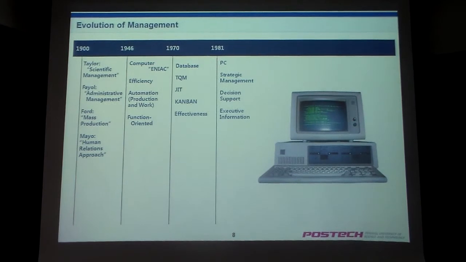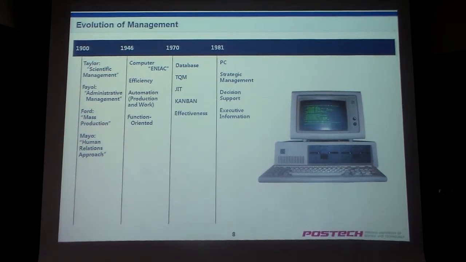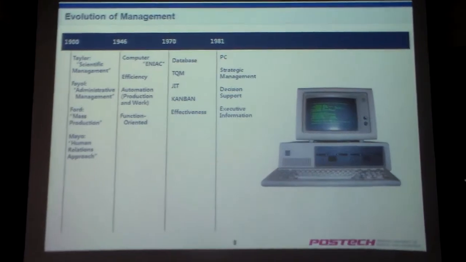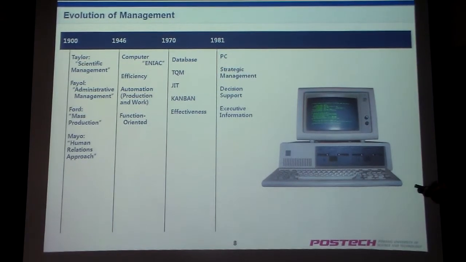And then in 1981, the PC came out. In fact, in 1978 Apple invented the Apple II, which is the first personal computer. But in 1981, IBM introduced the personal computer, of course in conjunction with Microsoft, Bill Gates.